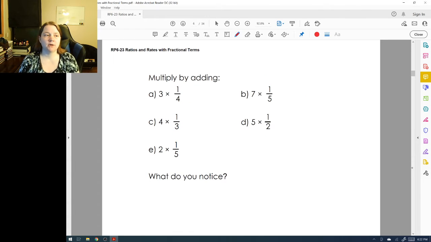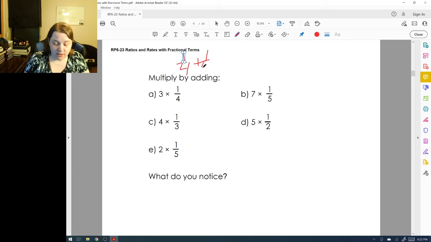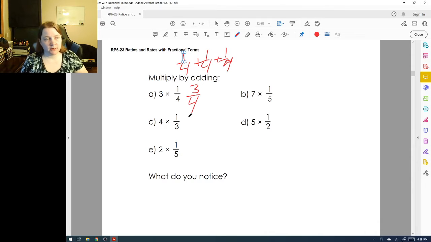Let's go ahead and multiply by adding 3 groups of 1/4. So what's 1/4 plus 1/4 plus 1/4? We're going to end up with 3/4. What about 7 groups of 1/5?